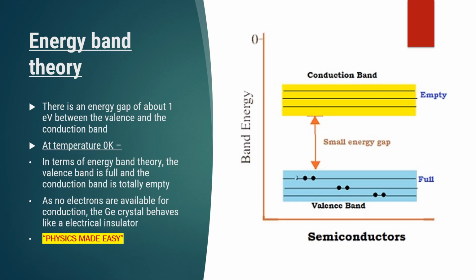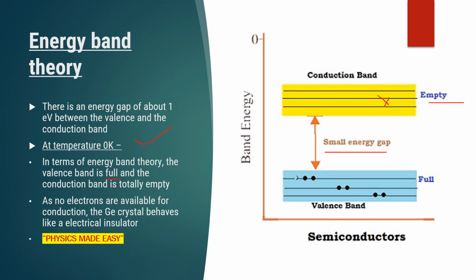Now for the energy band theory, there is an energy gap of about 1 electron volt between the valence band and the conduction band. At temperature 0 Kelvin, in terms of energy band theory, the valence band is full but the conduction band is empty, as no electron is available in the conduction band for conductivity.